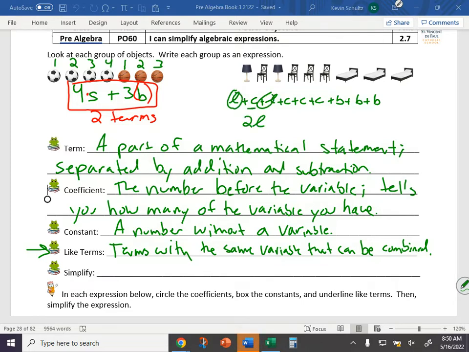How many chairs? 4 of them. How many beds? 3 of them. So like terms are those terms that have the same variable that you can combine. To simplify is essentially the act of combining like terms. To simplify an expression is to combine like terms.